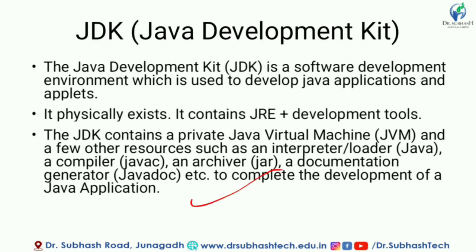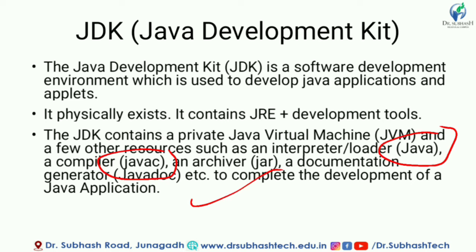The JDK contains the private JVM and a few other resources such as an interpreter, a compiler, an archiver, a documentation generator, etc. to complete the development of a Java application, right? As we have seen in our first program, we were using the command javac, that is a compiler which is provided by the JDK, and for running the program we will use the interpreter or loader, that was the command java.